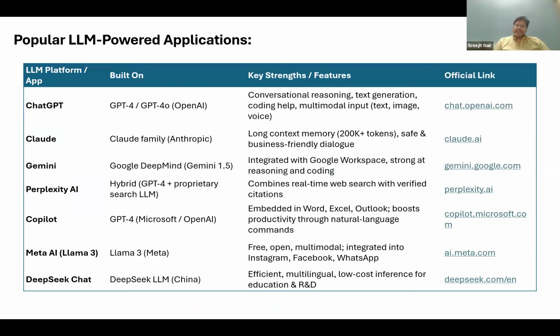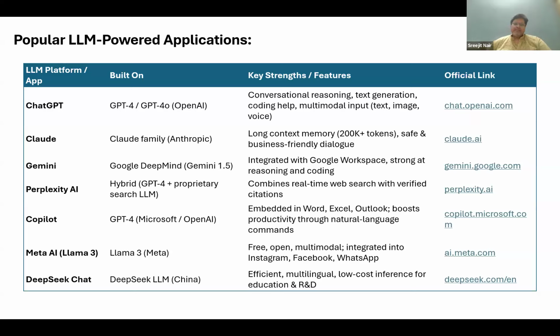ChatGPT is built by OpenAI, and its key strengths are conversational reasoning, text generation, coding, and multimodal inputs. As of now, ChatGPT is one of the best assistants. Somebody who can do a lot of things, not specialized to do one thing, but that's what an assistant is supposed to do. So you can consider ChatGPT as the go-to for everything that you want to do.